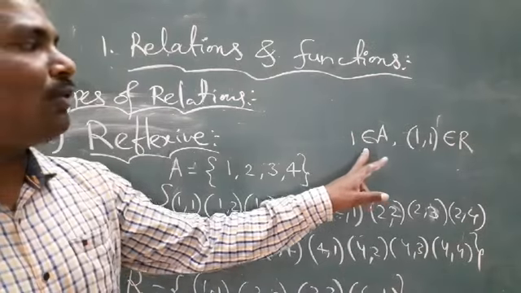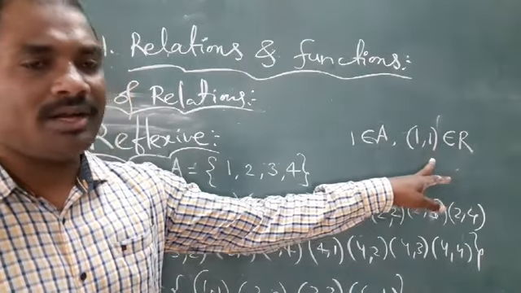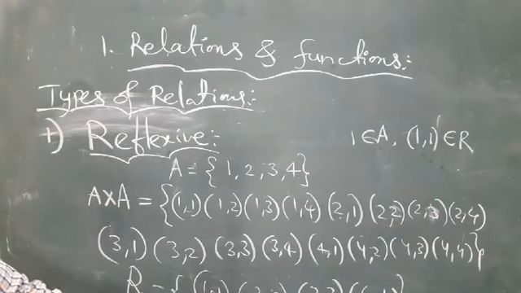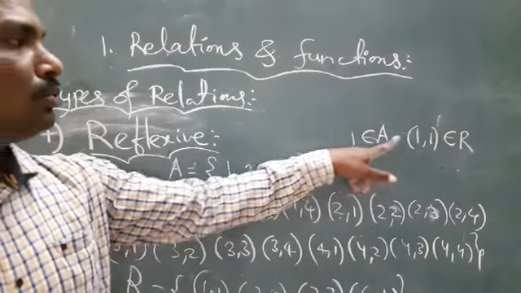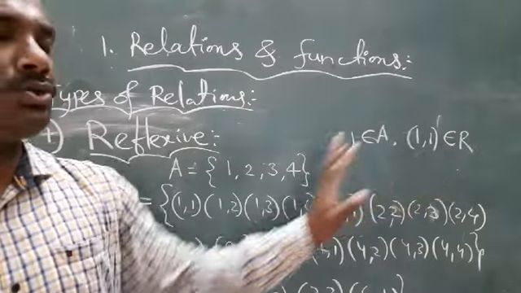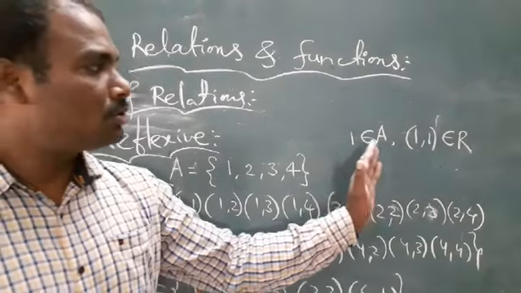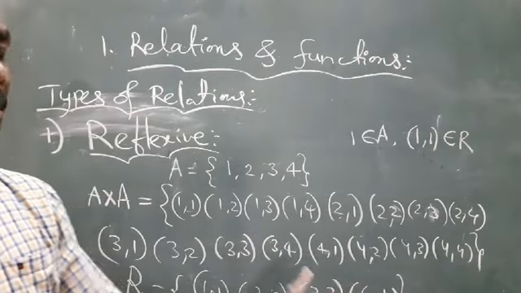For example, 1 belongs to A, and its reflexive pair is the same, (1,1) belongs to R. Yes, so satisfied. Another element, 2: 2 belongs to A, (2,2) belongs to R. 3 belongs to A, (3,3) belongs to R. 4 belongs to A, (4,4) belongs to R. So R is a reflexive relation.